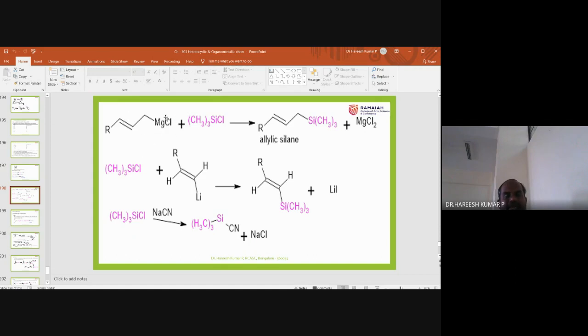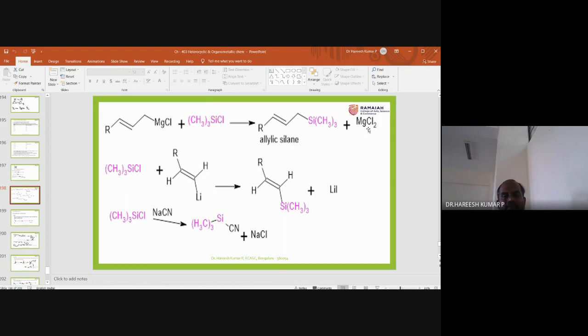This allyl magnesium chloride, when it is treated with trimethylsilyl chloride, you know that this is a nucleophile. The bond between the carbon and magnesium, or this bond pair, is attacking the silicon. Otherwise, we can say there will be a new bond formation between this carbon and this silicon. So what is going out?